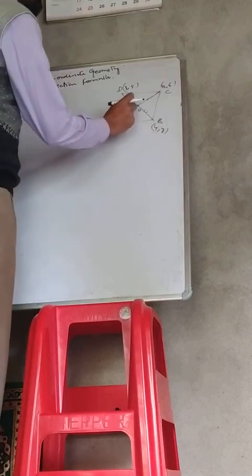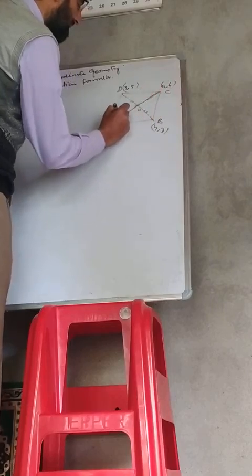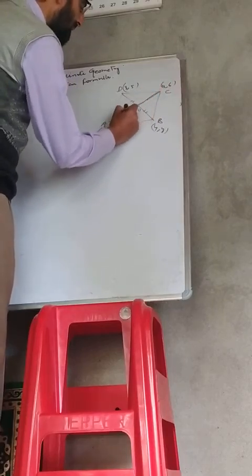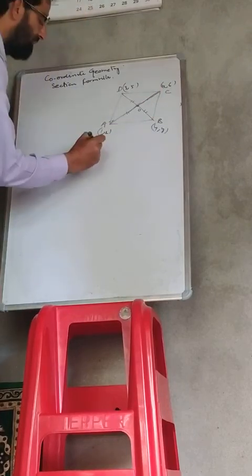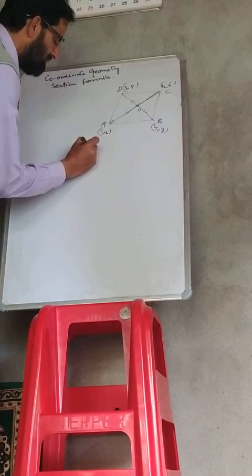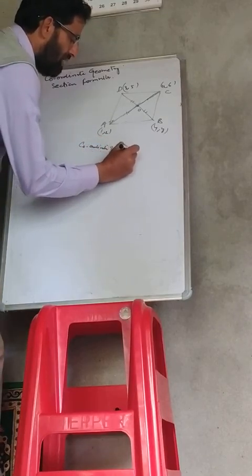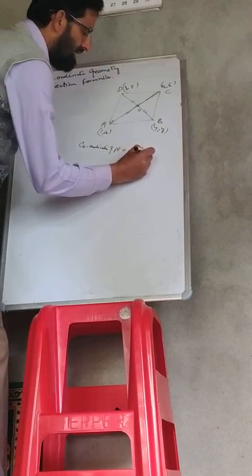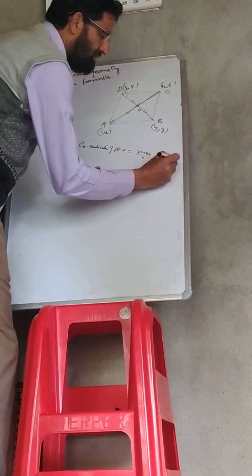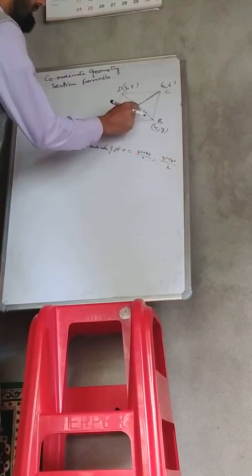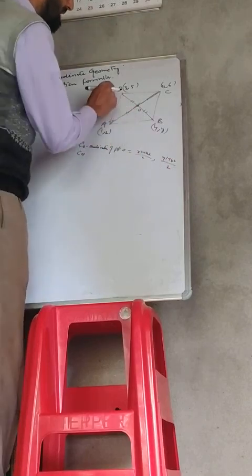Now, when we consider this diagonal AC, the coordinates of this point O are x1 plus x2 by 2 and y1 plus y2 by 2. Similarly, again the coordinates of the same point, but this time we will take this diagonal DB.